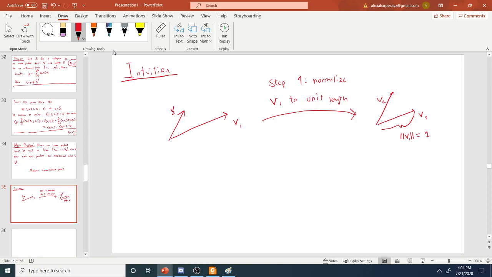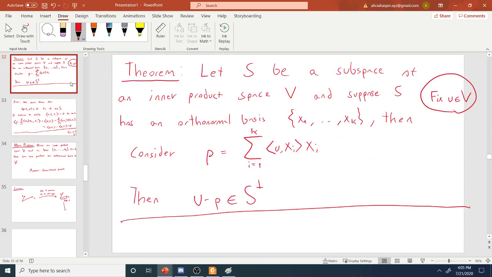And then the next thing we do is we compute the vector p from this theorem.